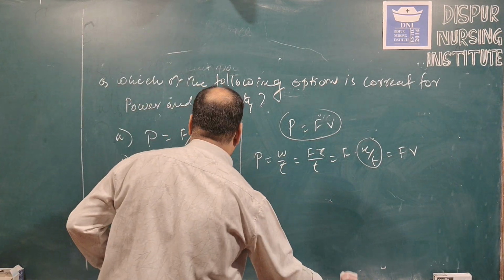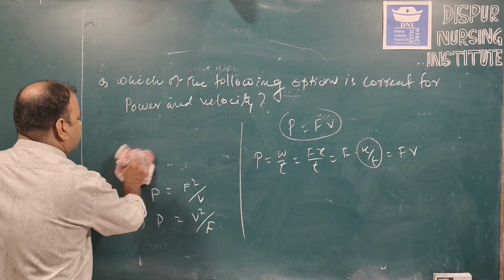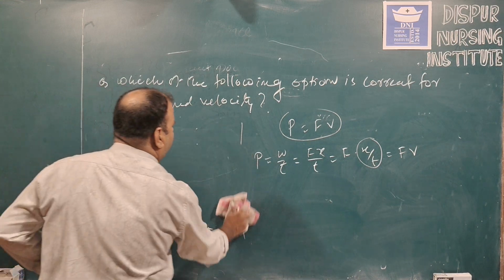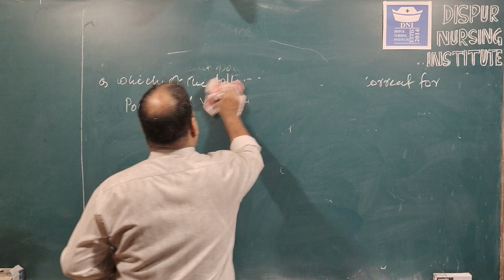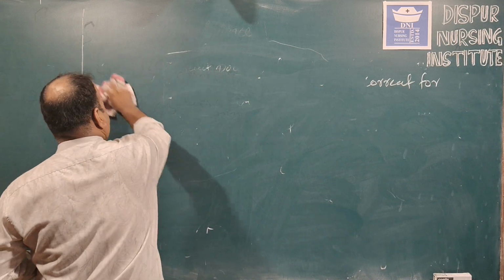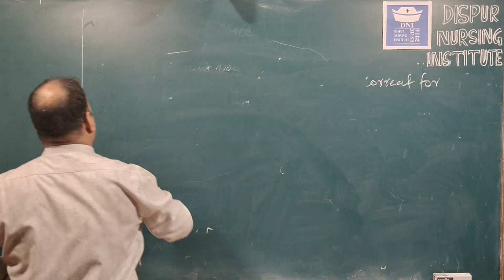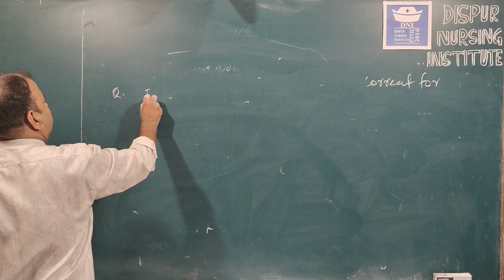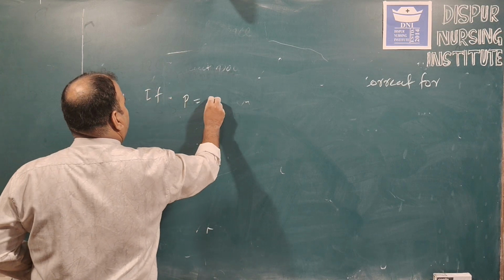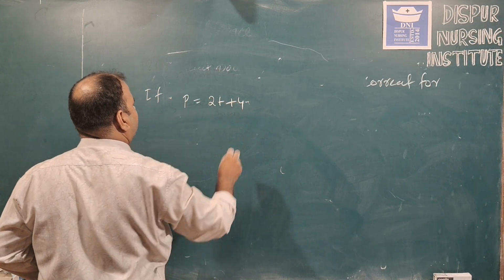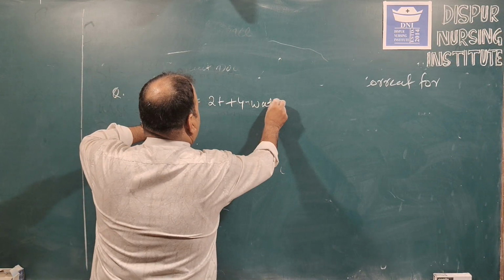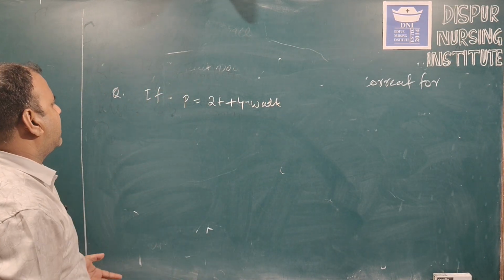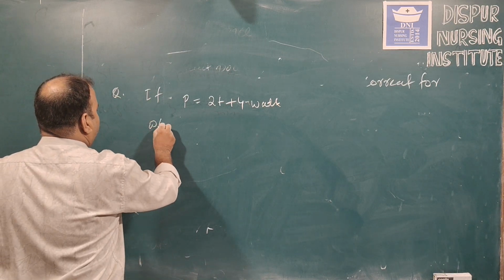Now you can see one more question related with this power. Suppose you have given power is equal to 2t plus 4 watt.